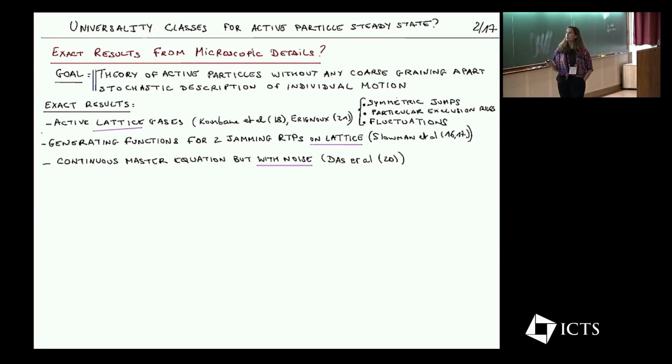You can have the work of Sloman et al., where you put two RTPs on a 1D periodic lattice and you use a generating function, the discrete master equation. Or you can have a continuous master equation, but then you need to add some thermal noise to achieve that.